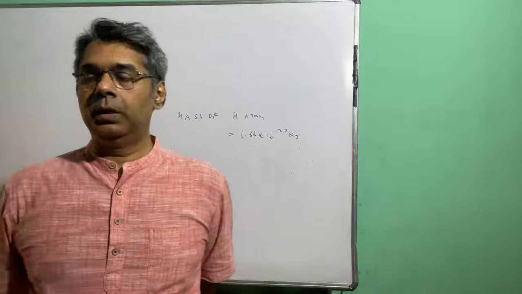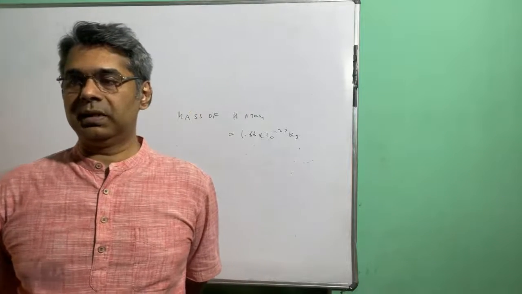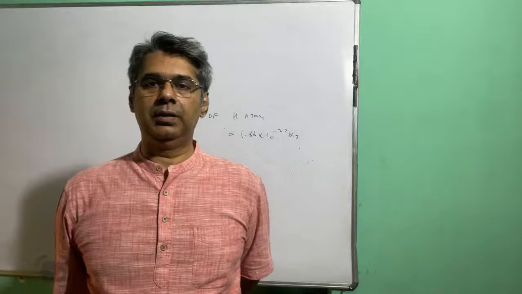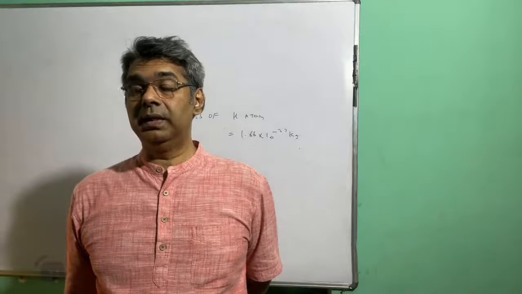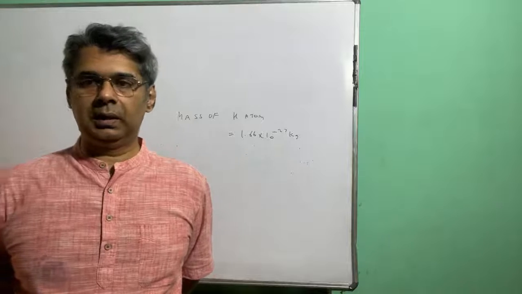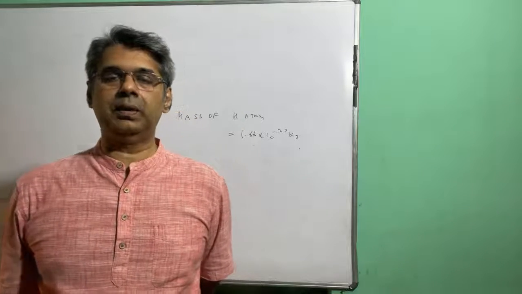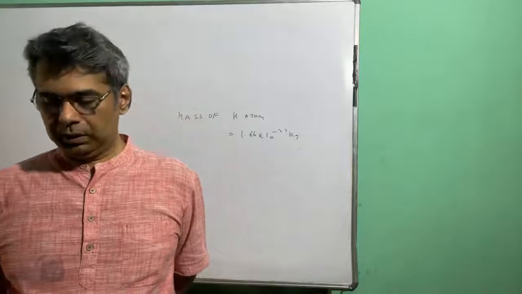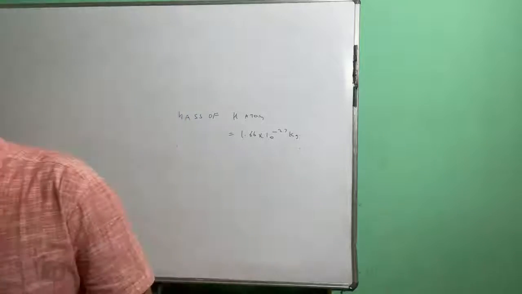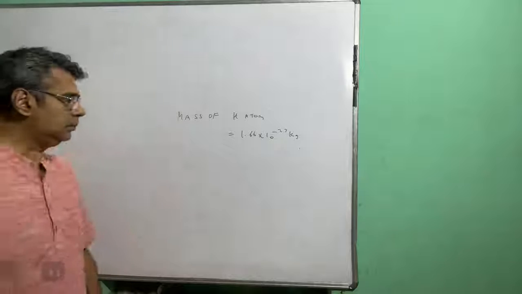You understand that this is extremely small. So the scientists decided that if you want to ever talk about the mass of any atom, it is better to talk in terms of the mass of the hydrogen atom.